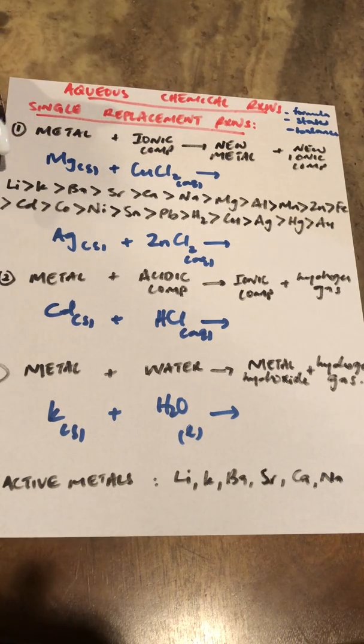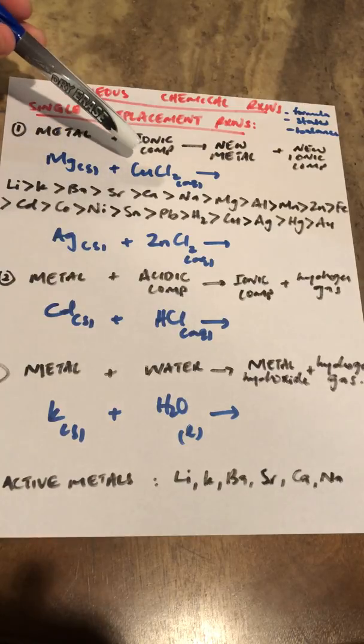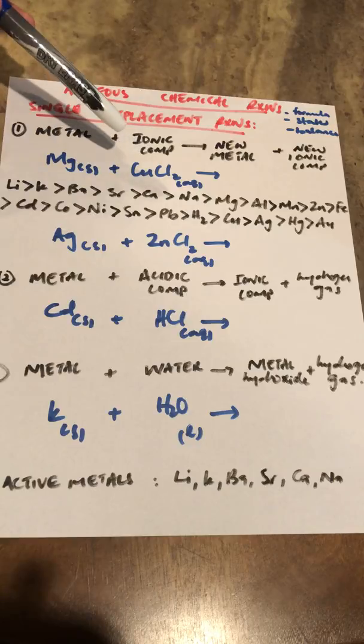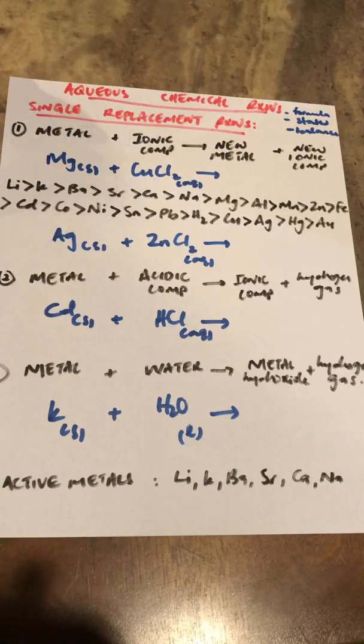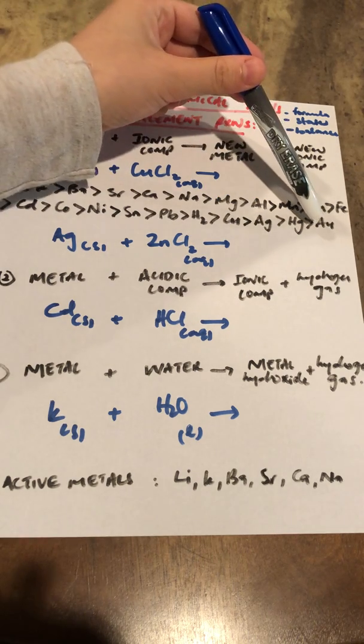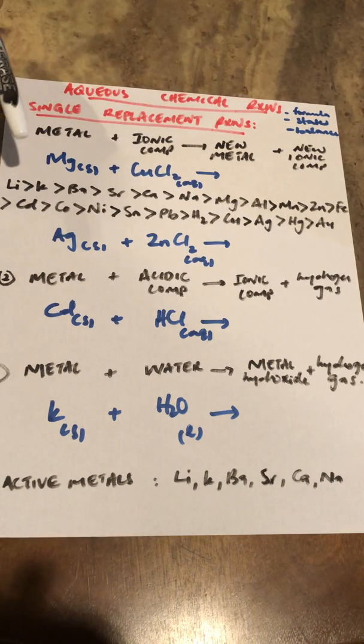Now, some of you at this point might be wondering, how are we supposed to actually know whether this metal that's by itself is more reactive than the metal in compound format or not? This is when we refer to what we call the reactivity series of metals. This is the complete list. It starts with lithium over here being the most reactive metal, and it ends with gold being the least reactive metal.